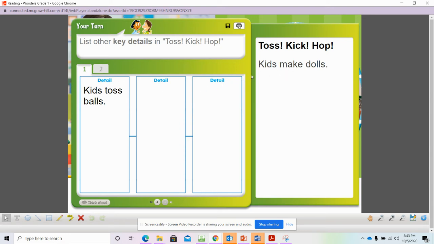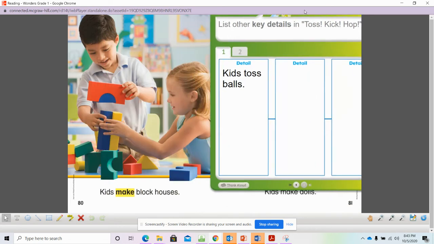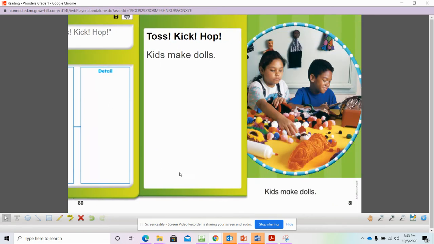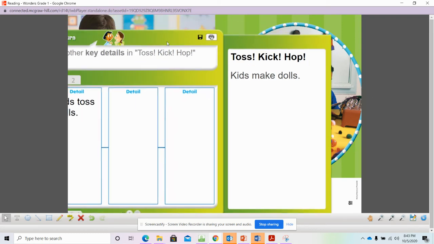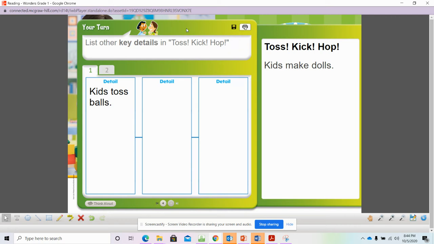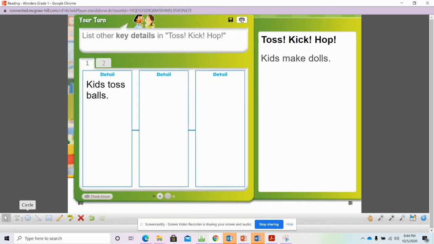One of the pages says, kids make dolls. And if we look at the picture right here, we see that they're making dolls. So what's another detail that we could write here?